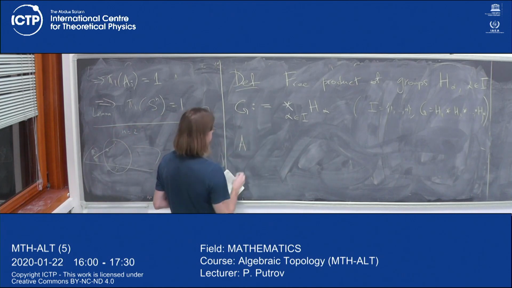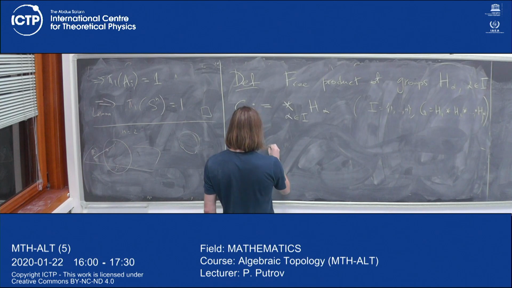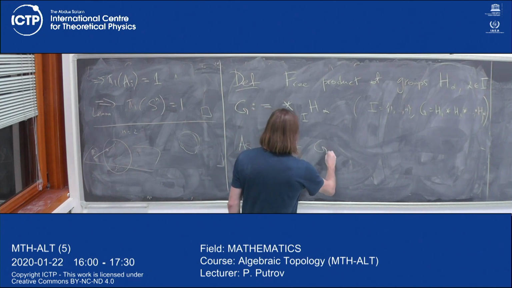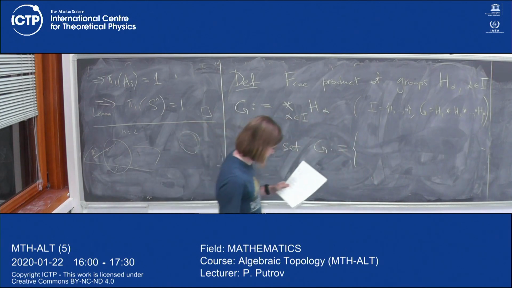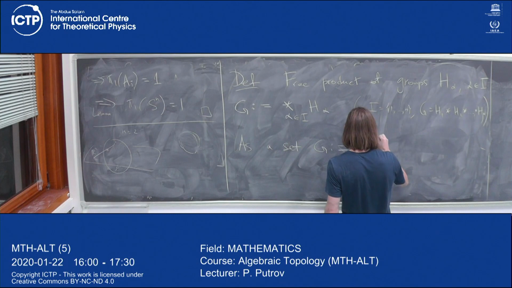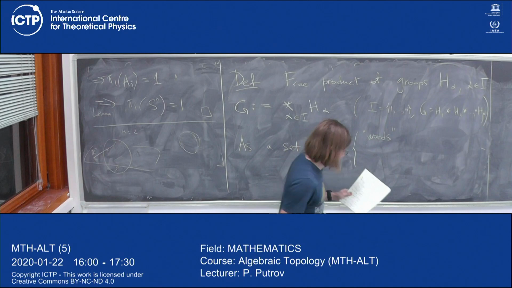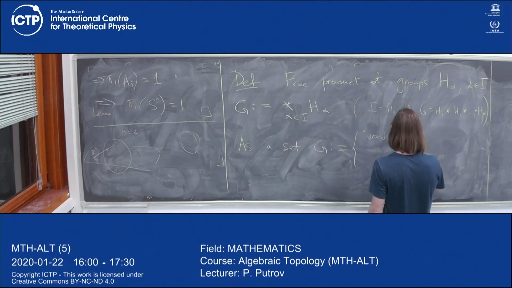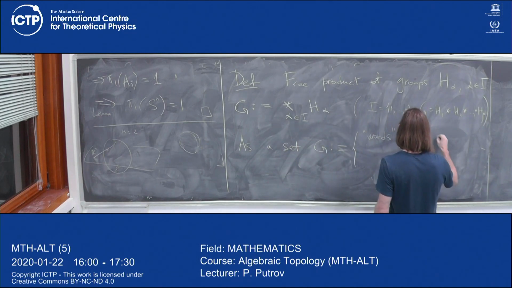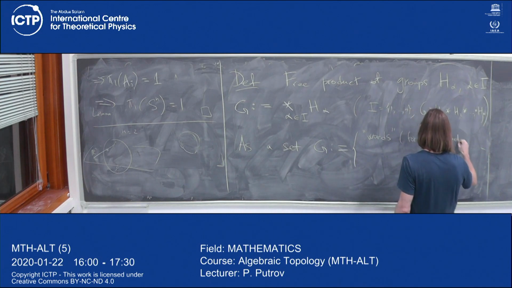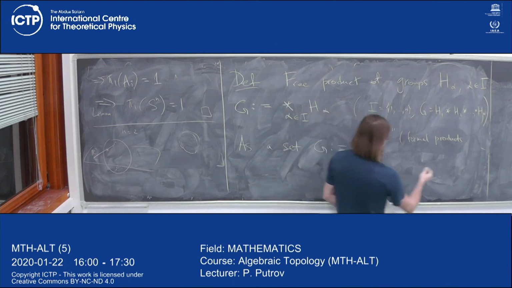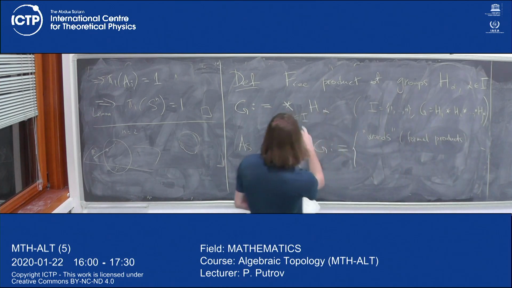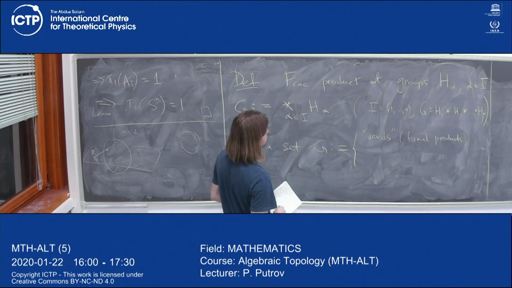So what is a group? First, let me define G as a set. Let me describe this as follows. This is a set of all words, or I can say formal products of these words in elements of my groups H_i.